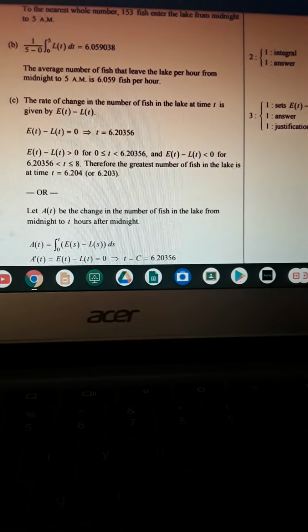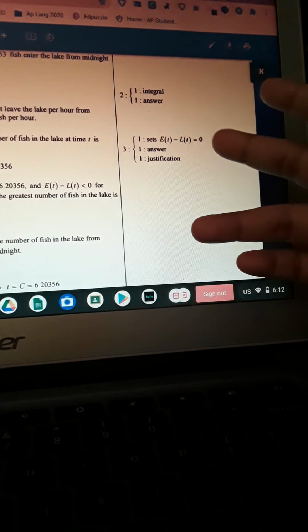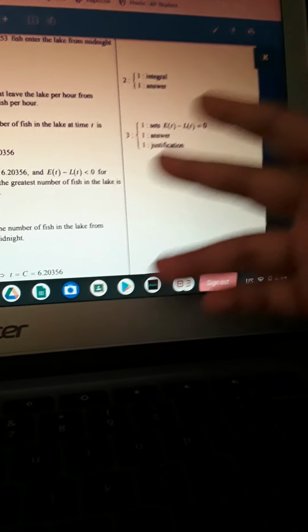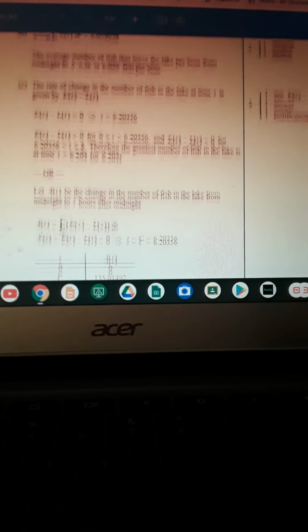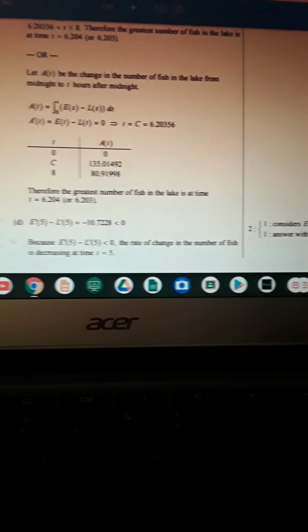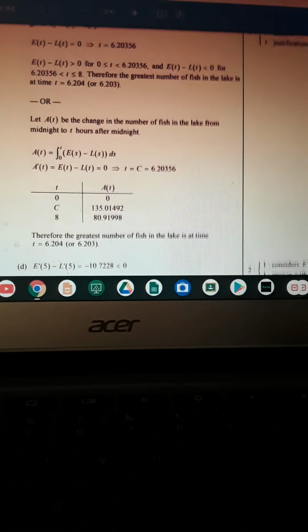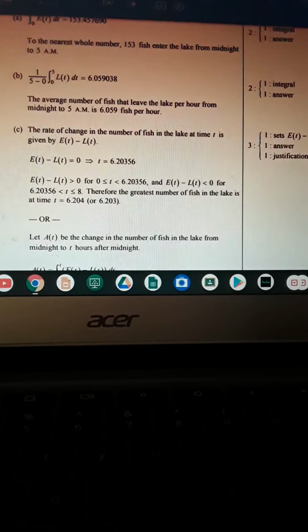Like, for example, even setting E(t) minus L(t) to 0, that can give you 1 point. If you just understand that and write that down, that can give you another point. So you just have to use context clues, use your deeper understanding of calculus and what your calculus teacher has told you, and learn from that.